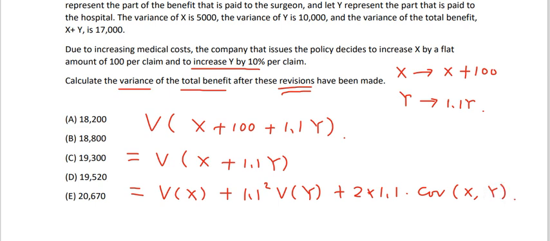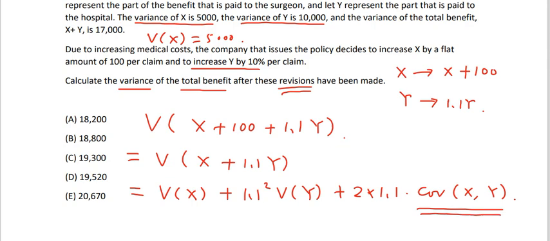So here Vx, we already know Vx equals 5,000. We have this, right? 5,000. So we can plug in here Vx, and Vy is this. Then we want to find this covariance.